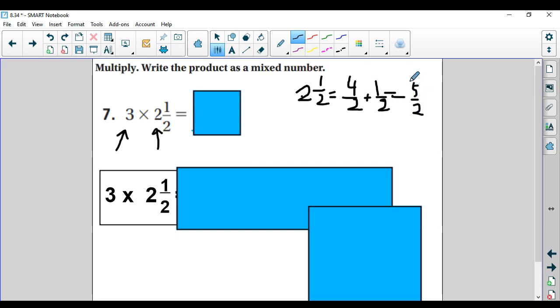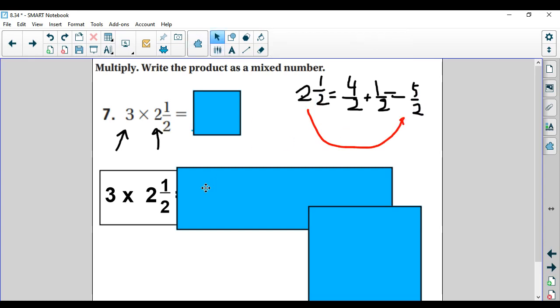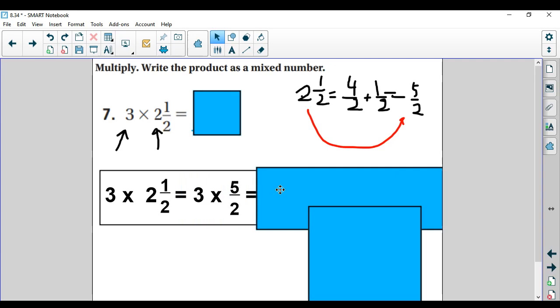So 2 and 1/2 can be rewritten as 5 halves. It's the same thing. So instead of writing 3 times 2.5, we can write 3 times 5 halves.